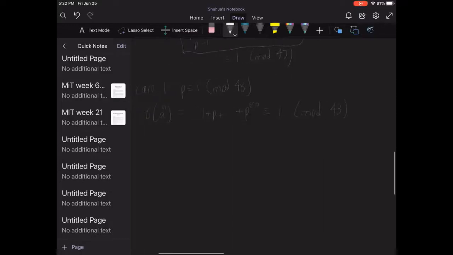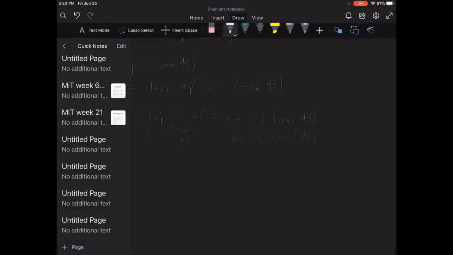But in fact, since p is congruent to 1, we can just plug in 1 everywhere here. So this is congruent to 1 plus 1 squared plus all the way to 1 to the en. And then inside this list, we have a single 1 here, and then we have en 1s here. So this is congruent to en plus 1, and we need that this is congruent to 1 mod 43 for every e.